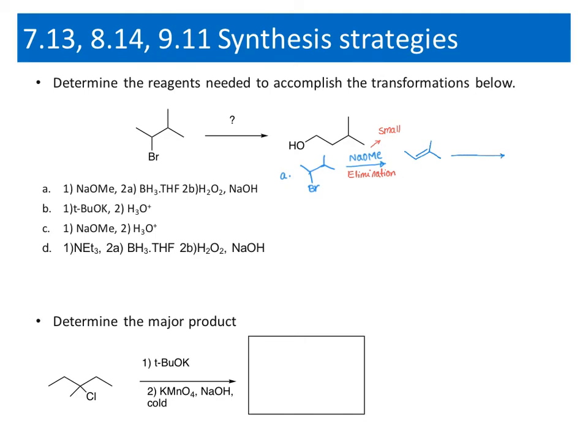Now in the second step, we are using BH3THF and hydrogen peroxide, sodium hydroxide. So this reagent can add hydrogen and OH in anti-Markovnikov fashion across the double bond.